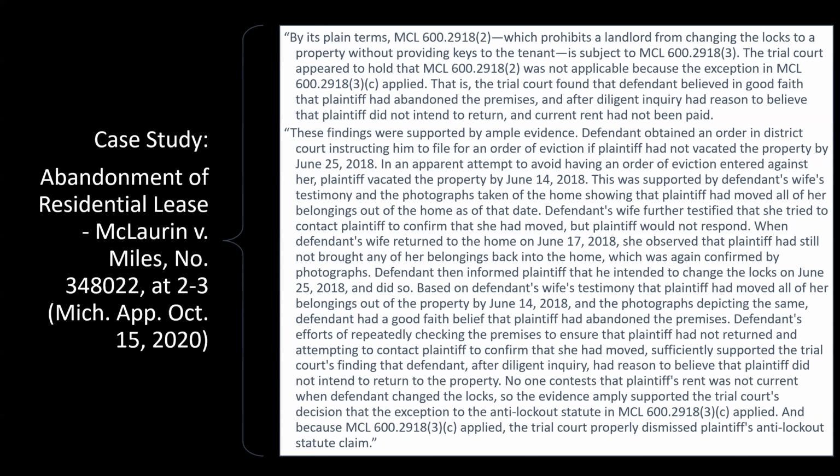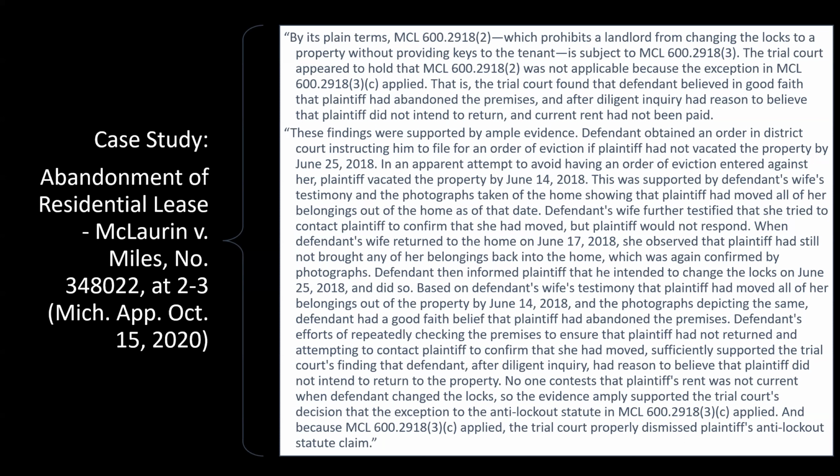But here, defendant's wife had been monitoring the property, taking pictures. They made attempts to contact the tenant. They found that all the items were moved out of the home. There were no belongings in the home. Also, very, very importantly, the landlord attempted to inform the tenant that the locks were going to be changed and did so, because all the items were moved out.